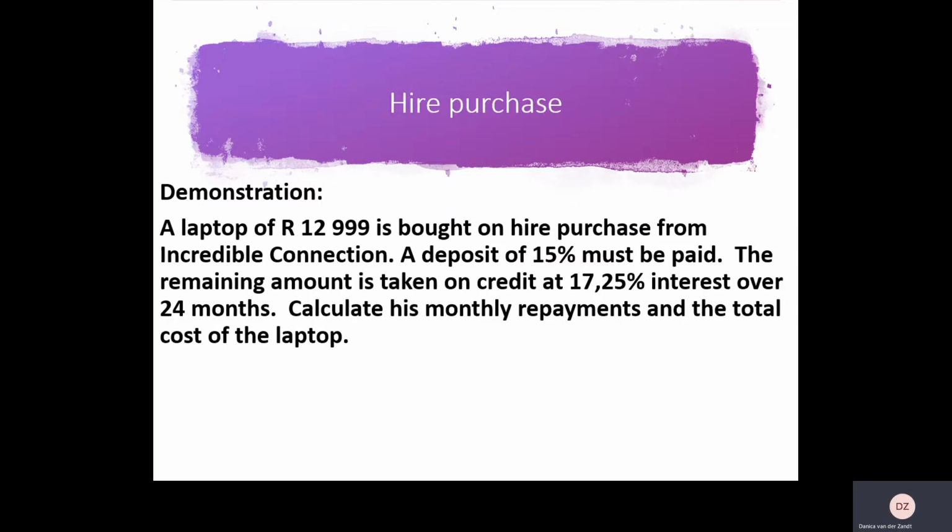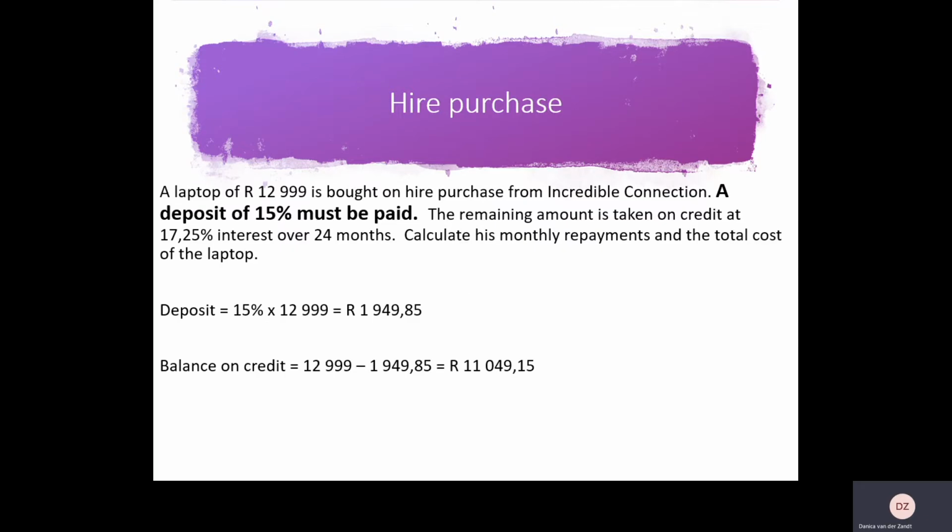Our example that we dealt with was a laptop, which we paid a 15% deposit for, so 15% of the purchase price gave me 1,949 Rand and 85 cents. I had to pay that before I could leave the shop. Then what goes on my loan is after I subtract it, and my loan is 11,049 Rand and 15 cents.